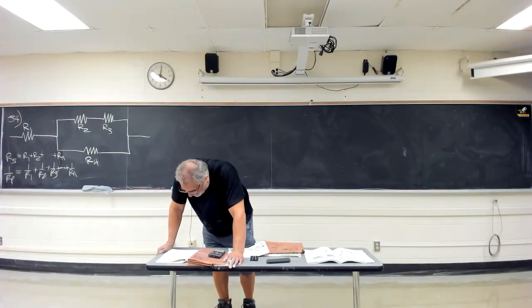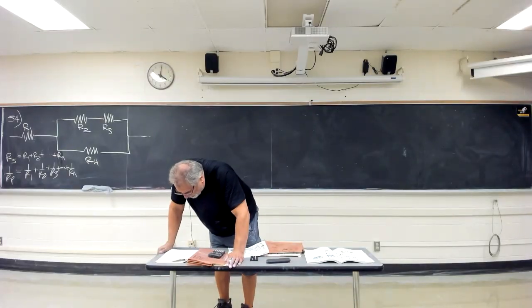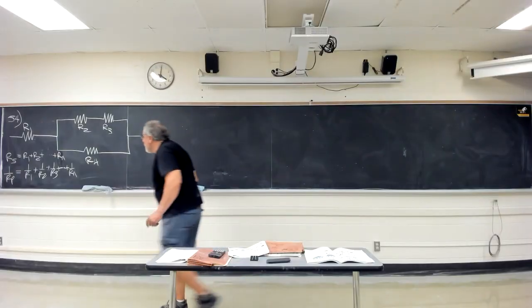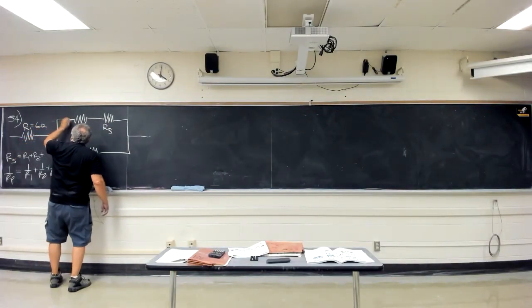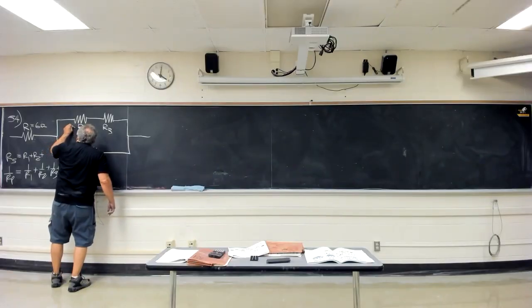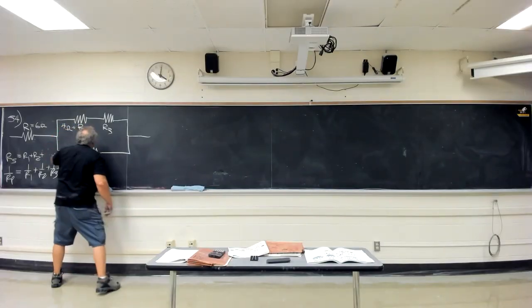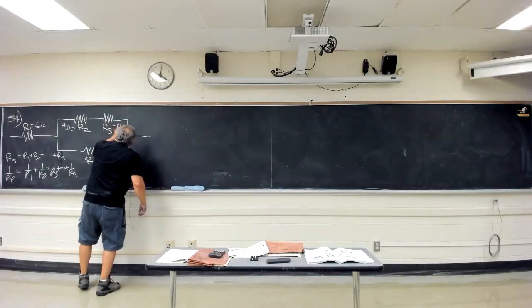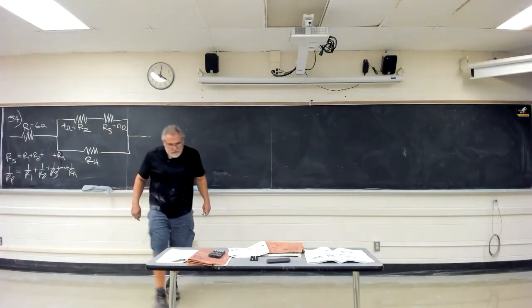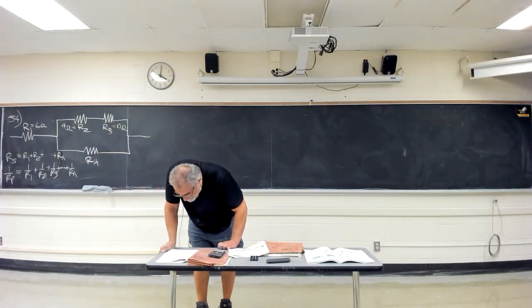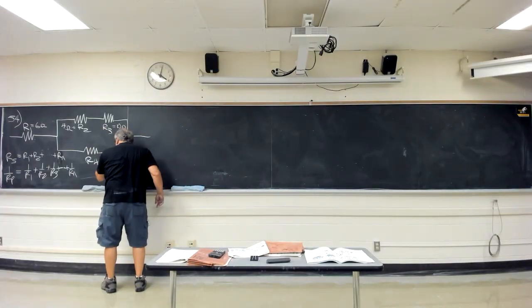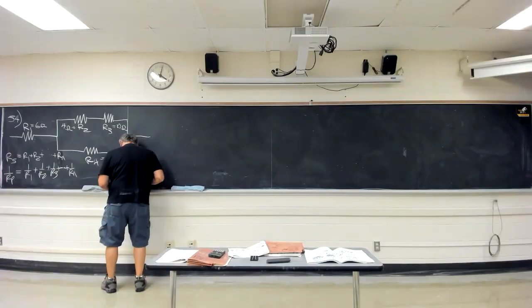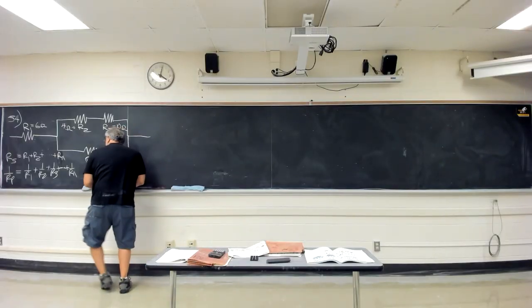R1 is 6, R2 is 4, R3 is 10. So 6, 4, 10. And R4 is 7. If you're looking at this and you're in a hurry, obviously you're trying to do an exam, you should be in a hurry, right?